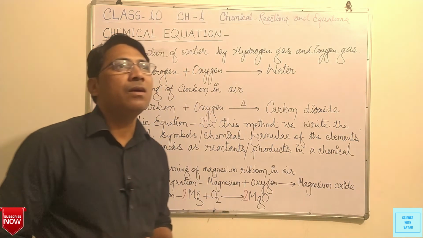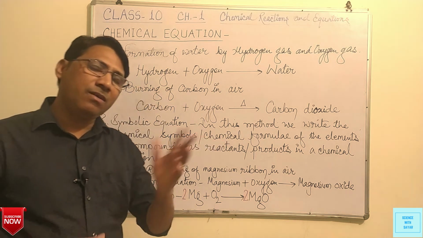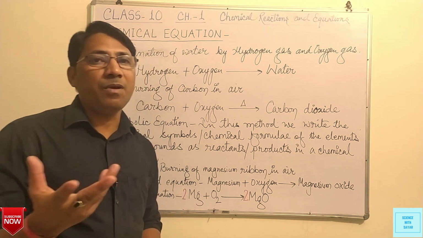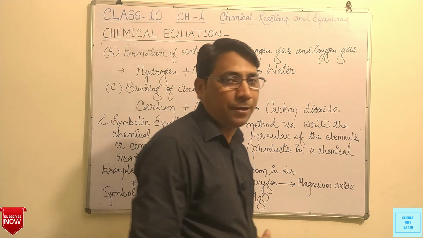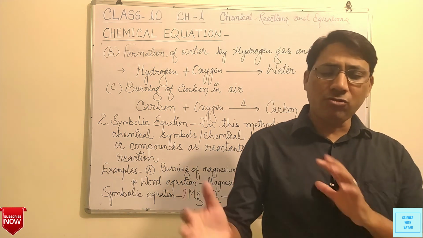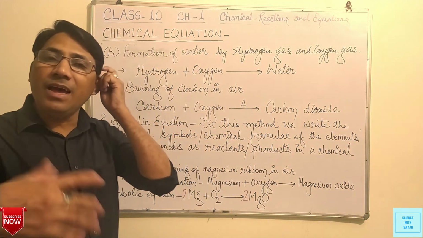For example, carbon is in elemental form, so it is written as C. Hydrogen may be written as H, and iron may be written as Fe. So these are the symbols of these elements.